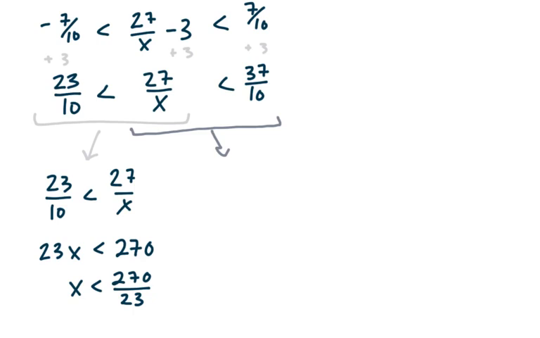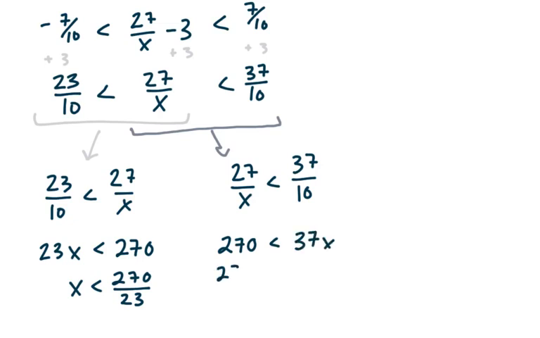Similarly, on the other side, I have 27 over x is less than 37 over 10. Again, we cross multiply. I have 270 is less than 37x. Divide by 37, 270 over 37 is less than x, and that's the same as writing x is greater than 270 over 37.